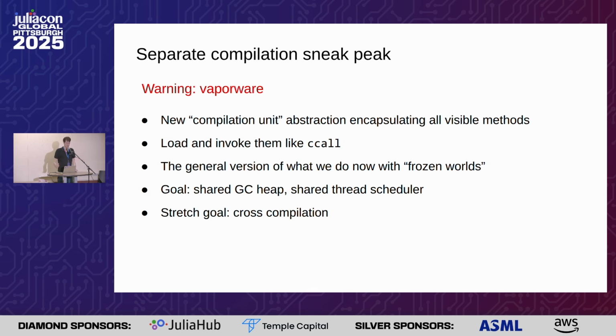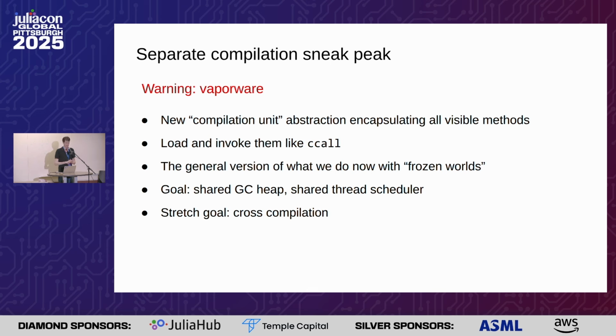So we're getting there. If we have these, you would load and invoke them just like ccall. You can do it now with ccall if you have one of these @ccallable entry points. In the future, it'll be some kind of invoke type of command, like invoke inside compilation unit.